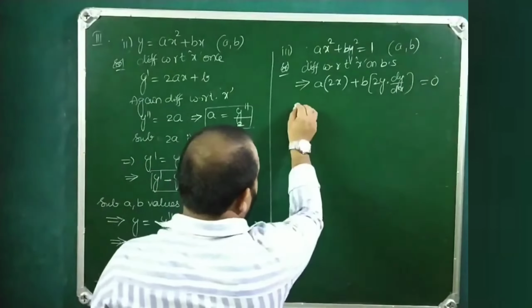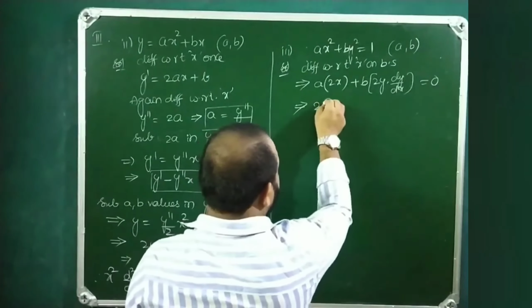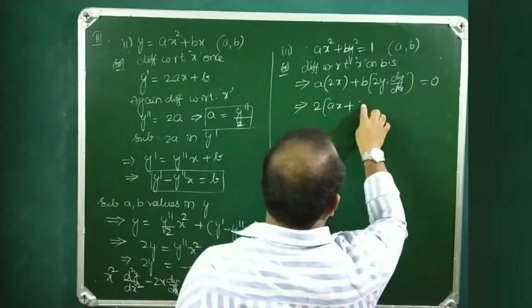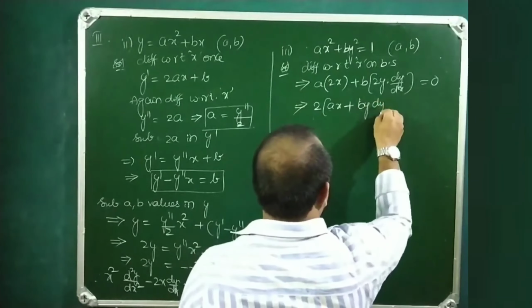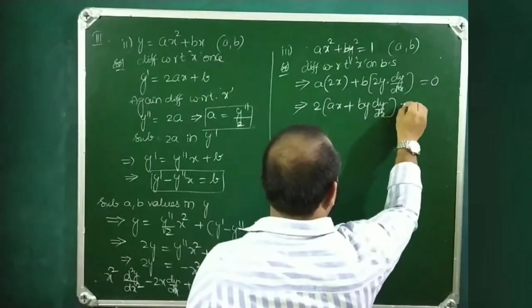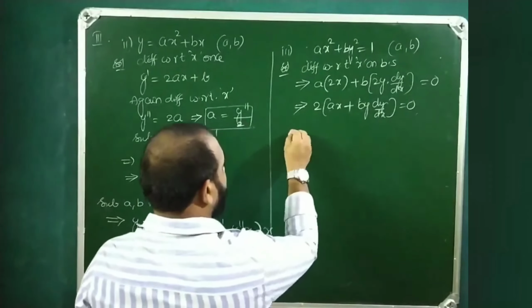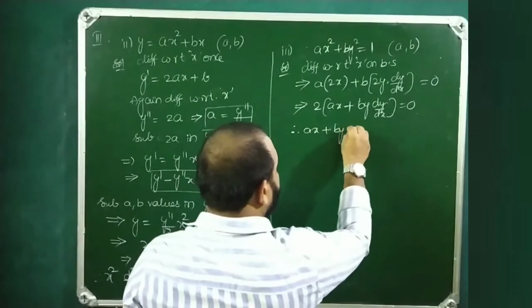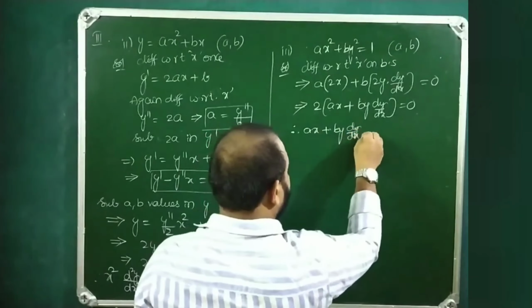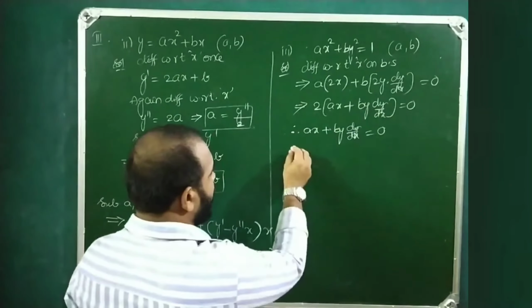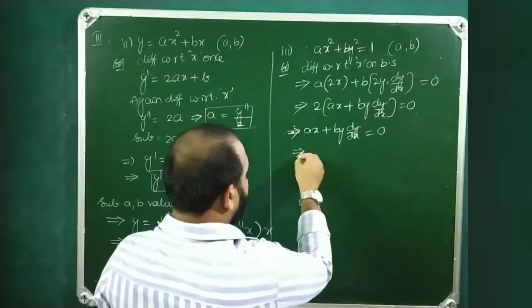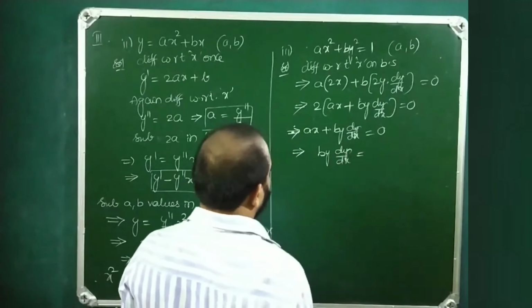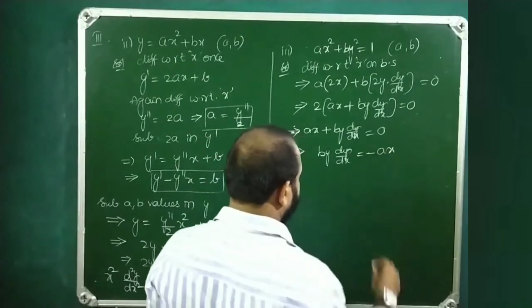If you take 2 as common, then we get ax + by dy/dx = 0. Therefore, ax + by dy/dx = 0. From this, b y dy/dx is equal to minus ax.